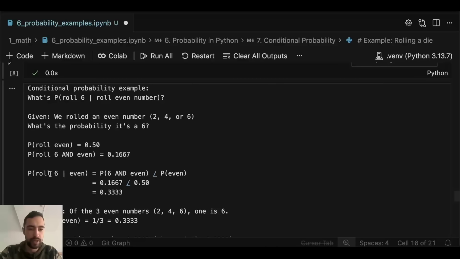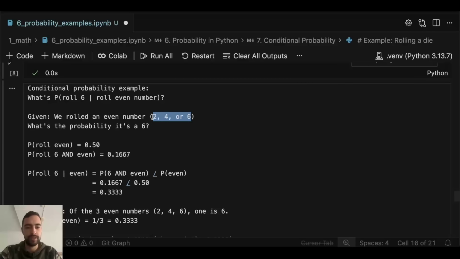And so the formula, we intuitively know that, let's first look at intuition. We have 3 of these even numbers. If we roll an even number, then because each of these even numbers has the same probability, it's 1/3, 1/3, and 1/3 to be each of these numbers.